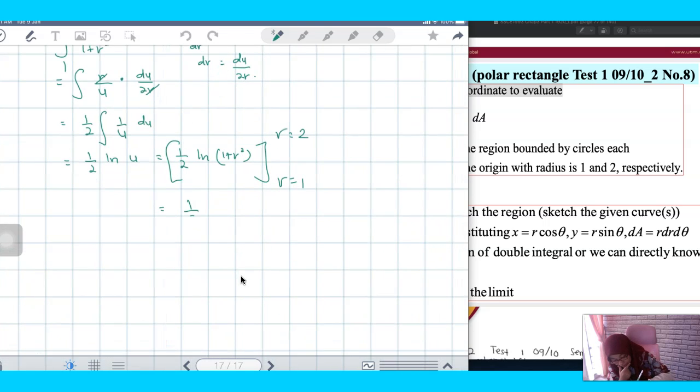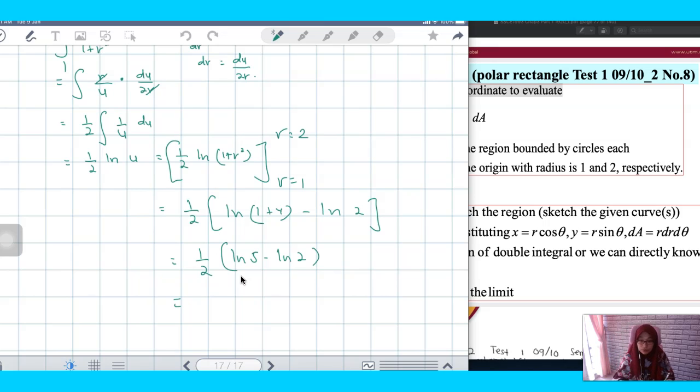So I can put the half outside. Now I solve for ln of 1 plus 4 minus ln of 2, and then I will get ln 5 minus ln 2. You need to use a calculator to find the value.